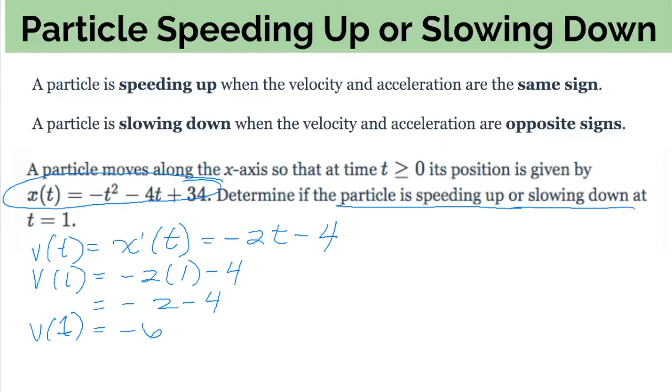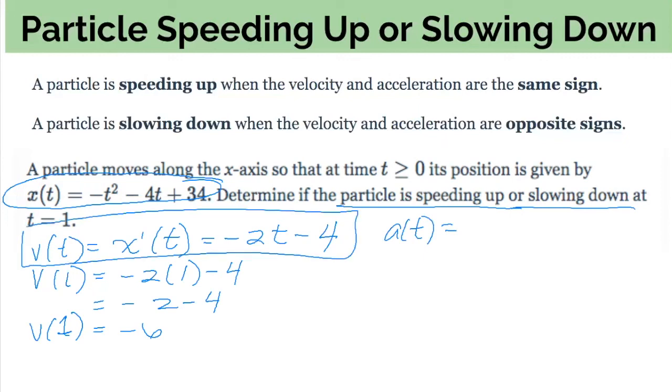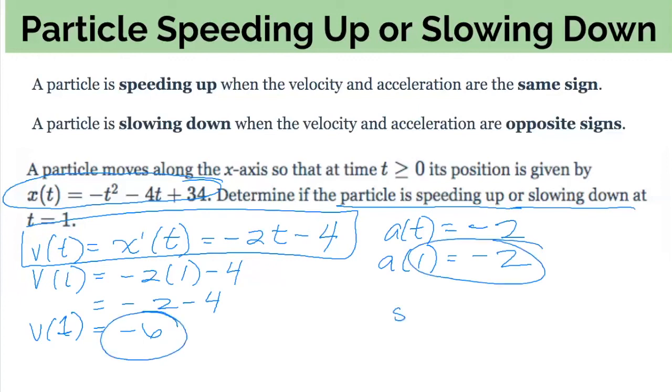So now we're going to say the acceleration is going to be the derivative of this function. So negative 2t minus 4 again is negative 2. So that means the acceleration at 1 is also negative 2. So because this is the same sign as that, that means it is speeding up because of the same sign.